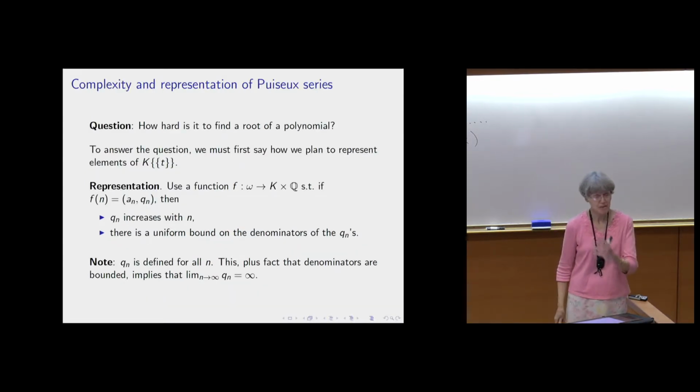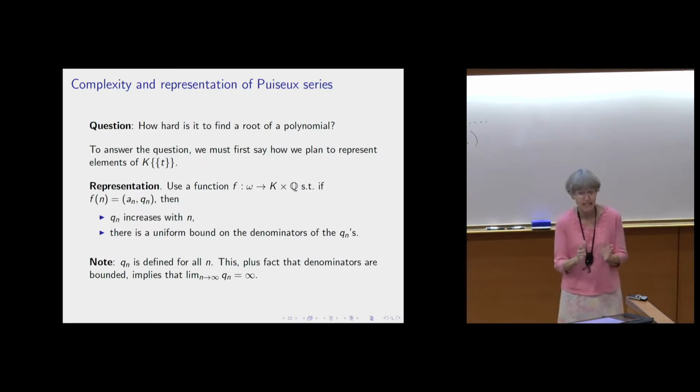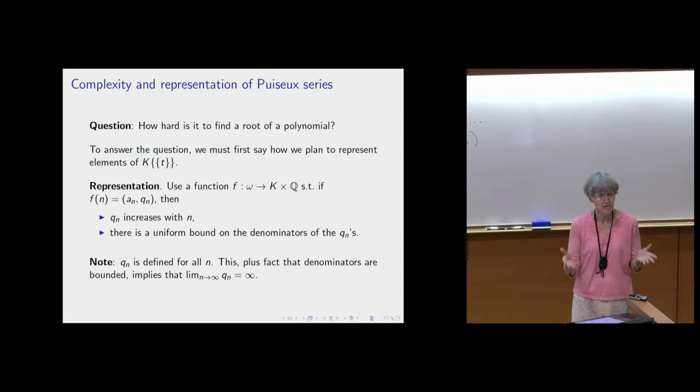So, of course, we're interested in complexity. And if we're going to say something about how hard it is to find a root of a polynomial, we have to say exactly how we are representing elements of this field of Puiseux series. So how do we plan to represent a Puiseux series? There are different methods we could use, but what I'm going to use is a function from the natural numbers to the pairs k cross Q, such that the value of f at n is giving me the nth term in the Puiseux series.